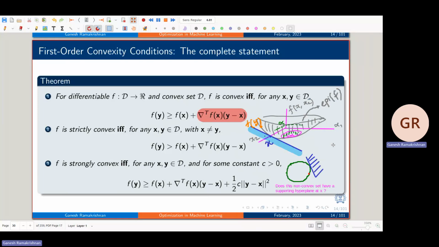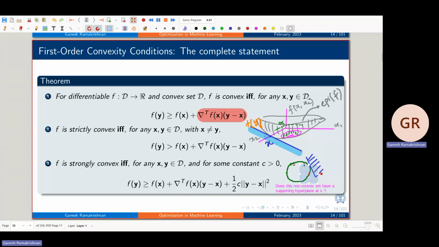I have a question here on the side. What have I done? There's a small gap here, which might remind you of the log example. Does this non-convex set have a supporting hyperplane at this point?